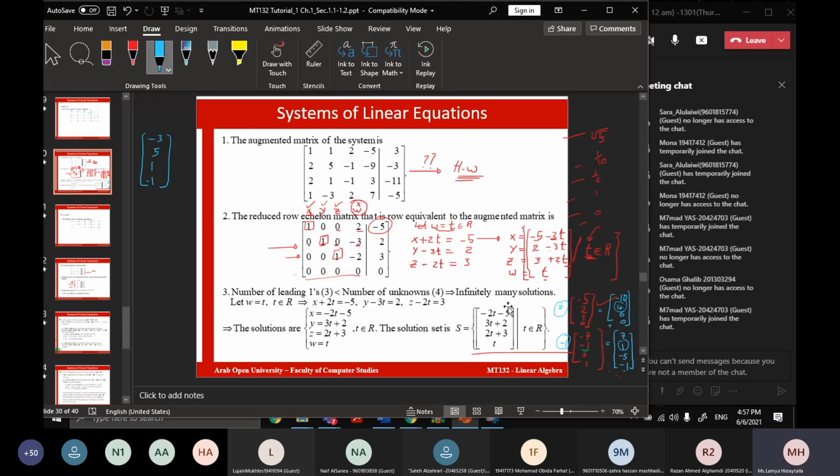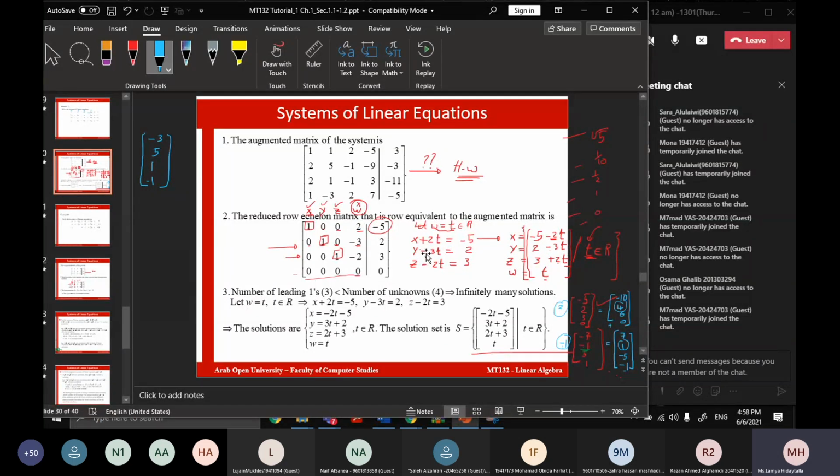Either when I substitute here to get this one for the real number, this is minus 5, 2, 3, 0. This is when I take x equals minus 5 minus 2t, y equals 2 plus 3t, z equals 3 plus 2t, and w equals t. Did you see it?